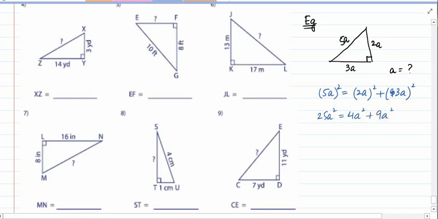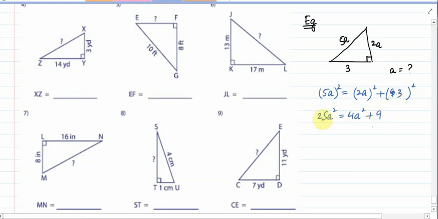So 25a square is equal to 4 plus 9 is 13a square. Sorry, one mistake, this part is only 3, not 3a. So that means it will be 3 only, so it will be 9 only, and we need to solve after this, right? So it will be 3 square, that means 9.